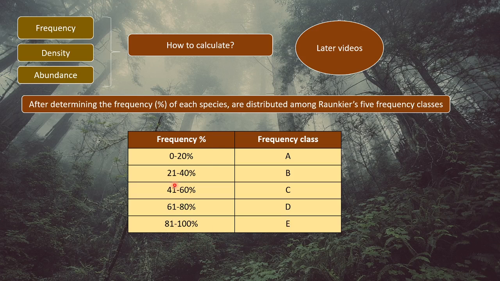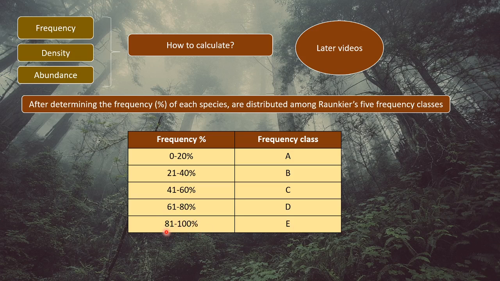Understand this table. See what it means to be in class E. This means that a species having maximum frequency, 81 to 100%, is class E, right? What kind of species will come in this part?